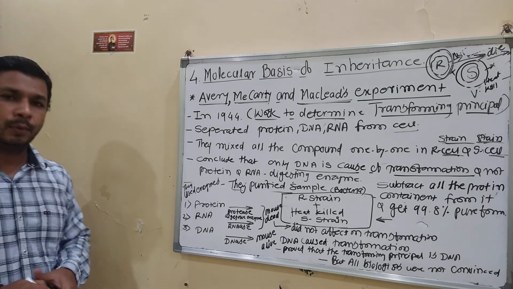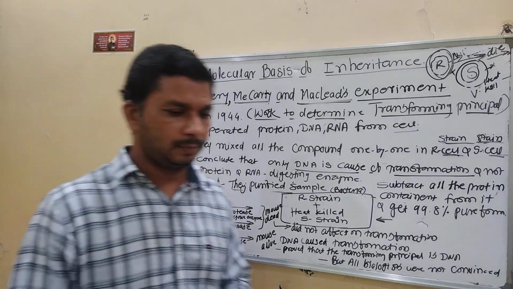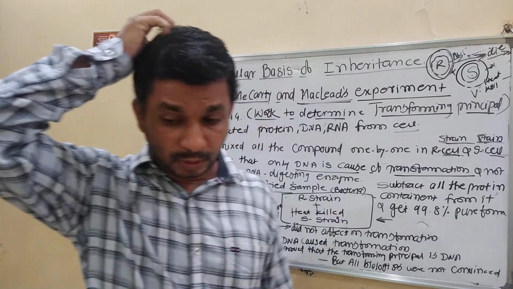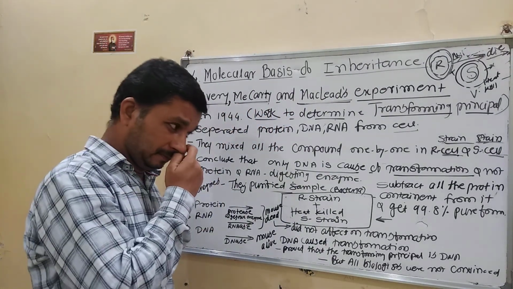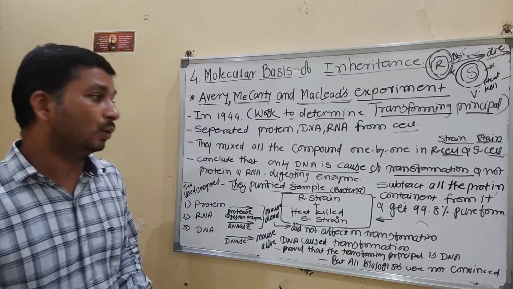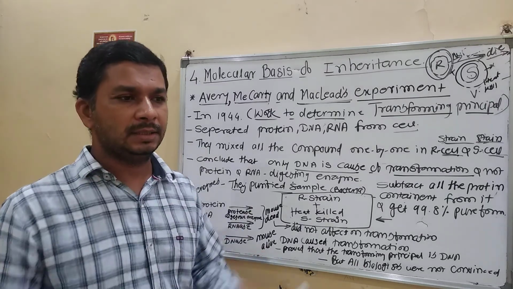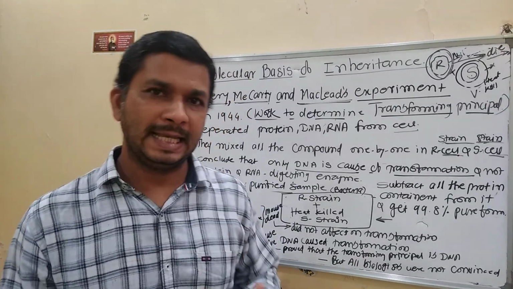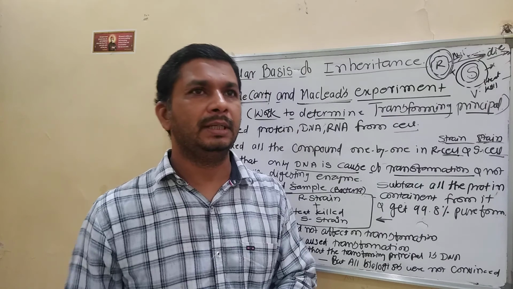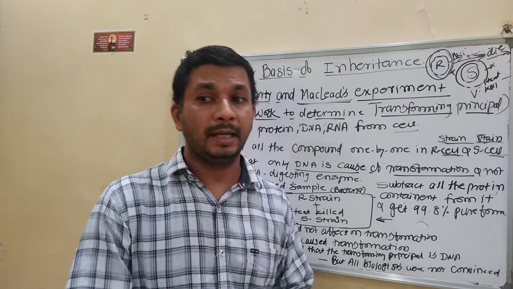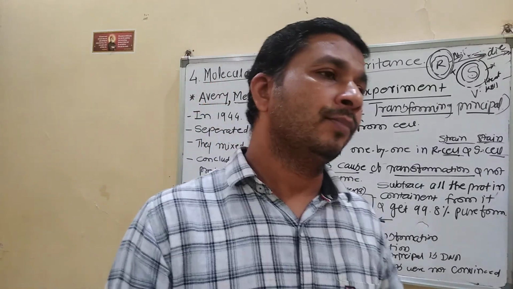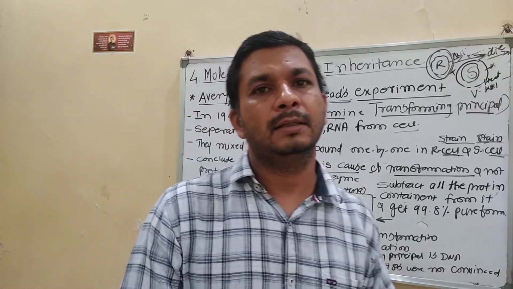They concluded that DNA causes transformation and not the protein. In previous theory, they told that protein is large in quantity in the cell and carries metabolic activity inside the cell.